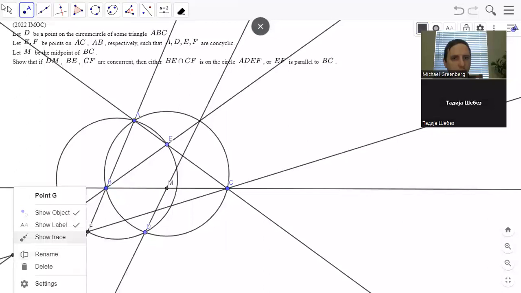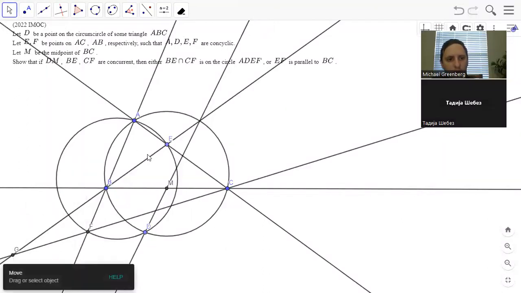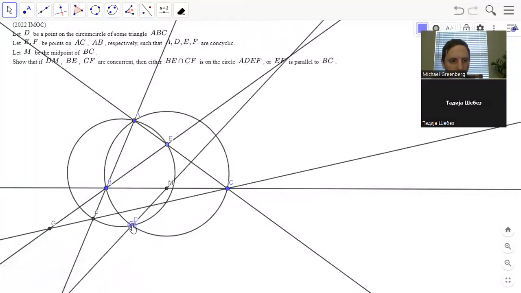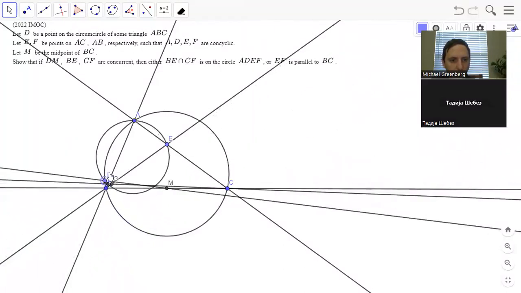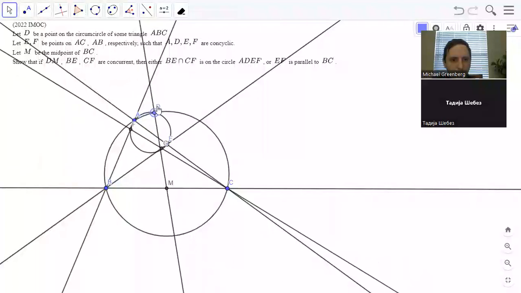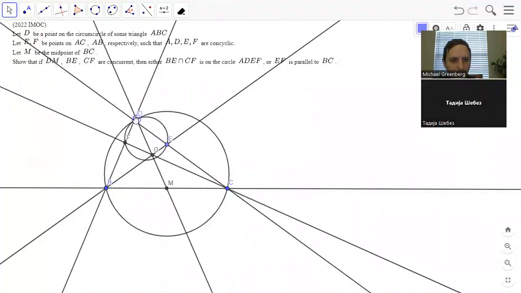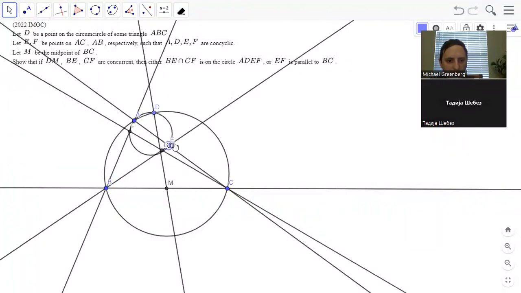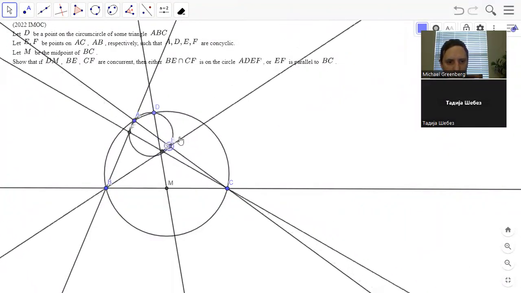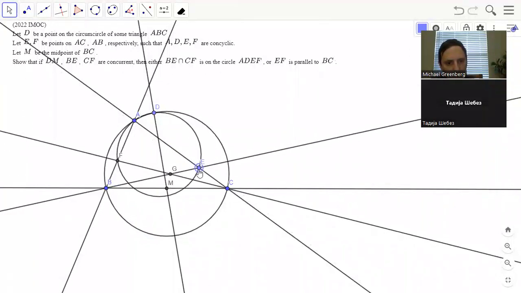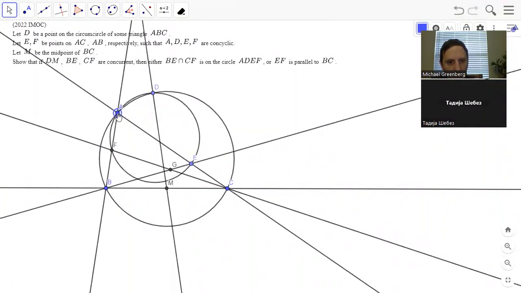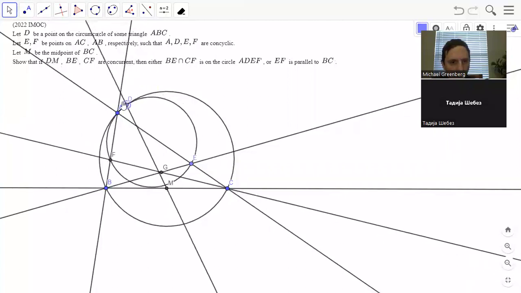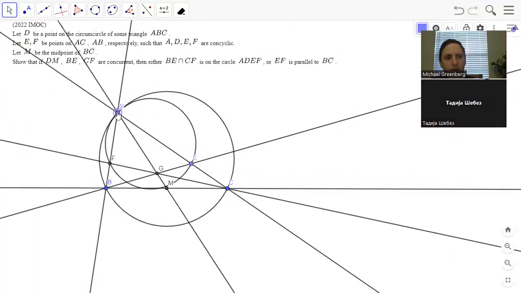So G, and then okay, so if D equals A, then we have kind of a Ceva's theorem configuration.